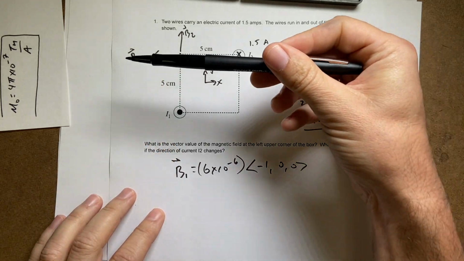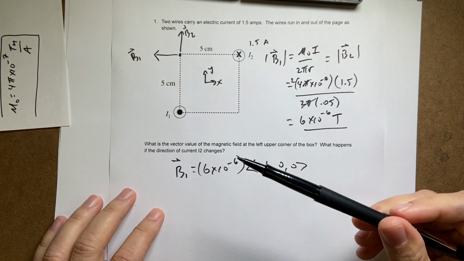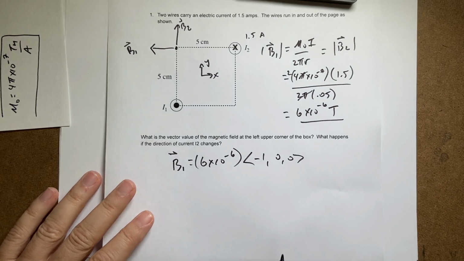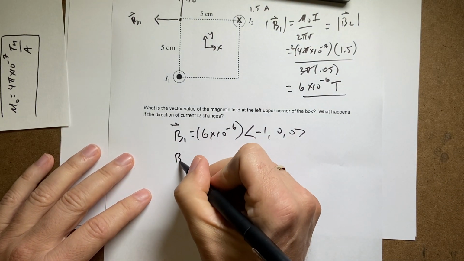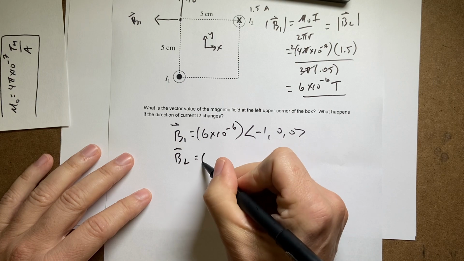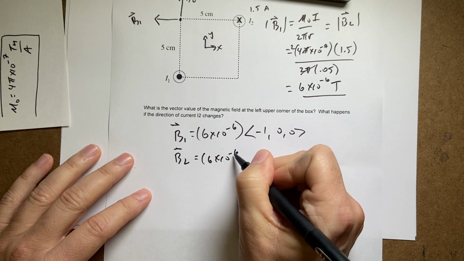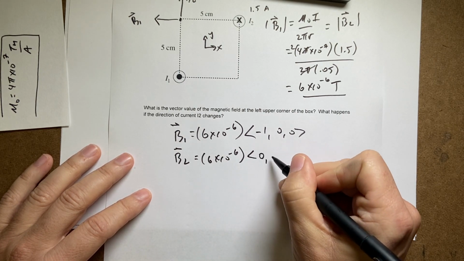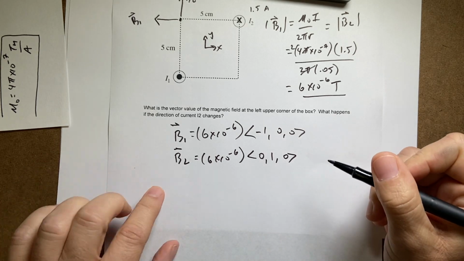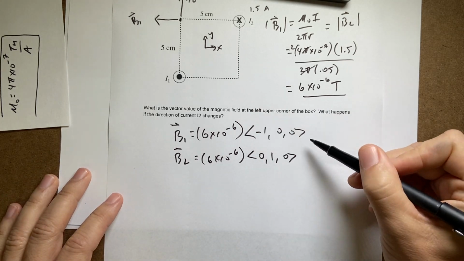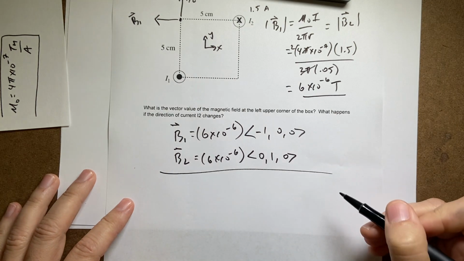Because that gives it a negative x component, and it's not in the y or z direction. Now I can write the same thing for B2. That's going to be equal to 6 times 10 to the negative 6th, 0, 1, 0, because that's in the y direction. Now I have two vectors and I can add them together.